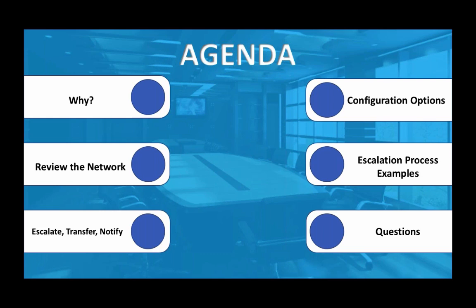With that knowledge in place, we will take a look at the different configuration options for escalation. And to cap things off, we will take a look at an example use case escalation process built out. And as I said previously, if there is time left over at the end, we can answer any questions that you all have.